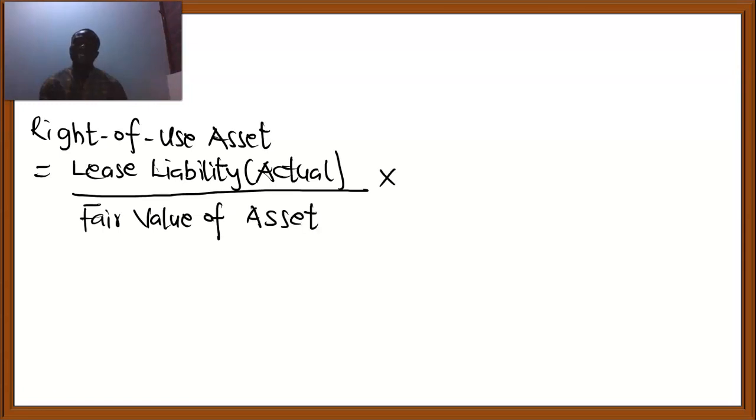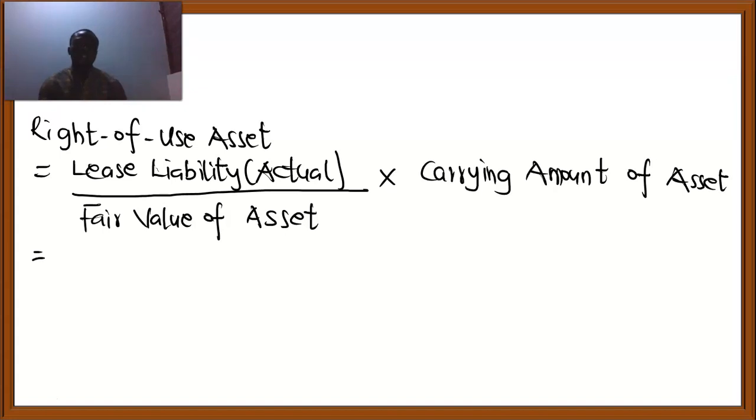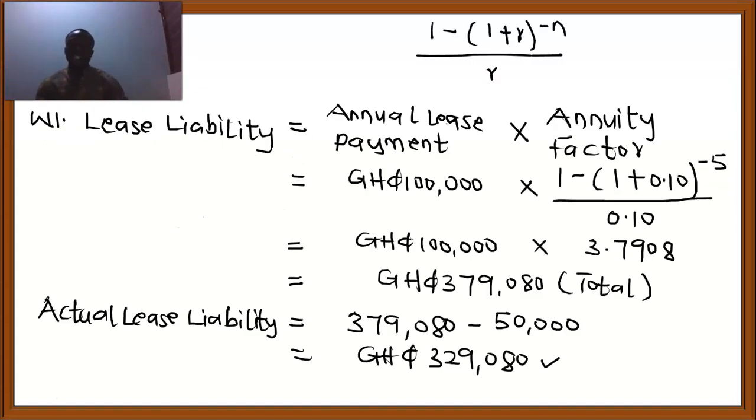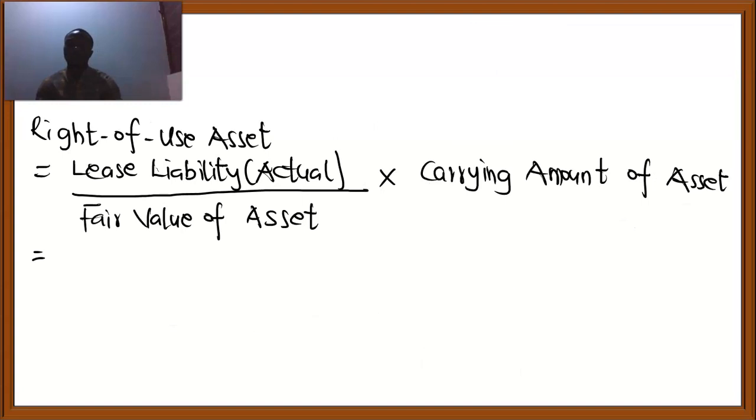Then we multiply it by the carrying amount of the assets. The actual lease liability we had was 329,080. So we have 329,080.